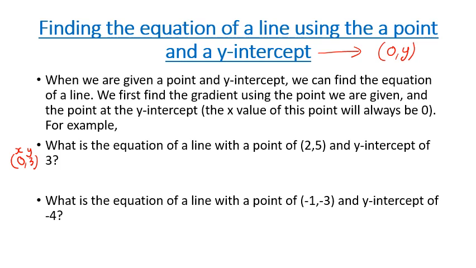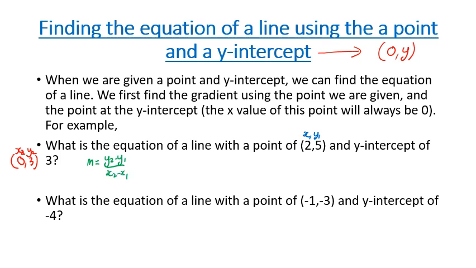In this particular case, this is x2 and y2, because our first point, which is (2, 5), would be x1 and y1. And remember that the gradient formula is y2 take y1 over x2 take x1.